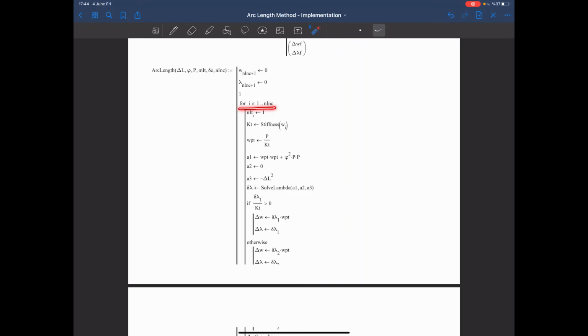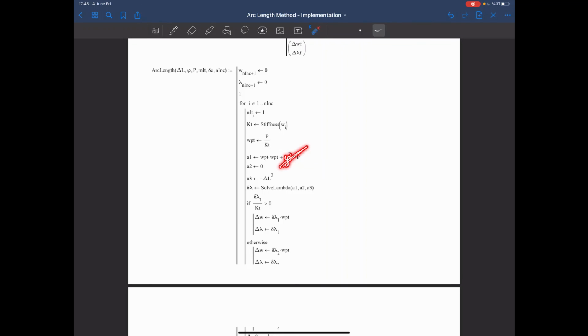So this is the main arc length method algorithm. Here we start with the increments. Of course, here the increments are not the load increments. They are the arc length increments, how many arc lengths that I will use. So I'll start with whatever displacement that I have and calculate the tangent stiffness matrix. Total load divided by the tangent stiffness matrix gives me the displacement. With that, I'm again calculating A1, A2, and A3. The only difference is the iterative W and iterative lambda are all equal to 0. So I have a simpler equation here. In the discussion, we said, what will happen if phi is equal to 0?